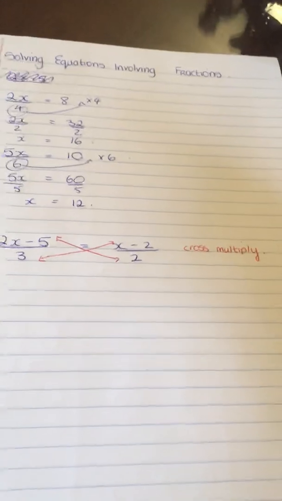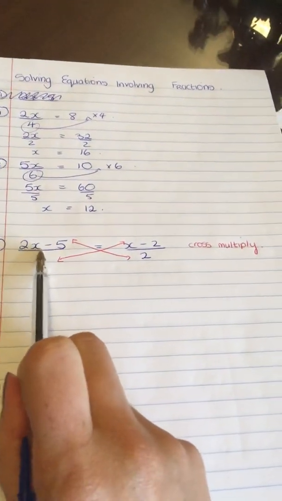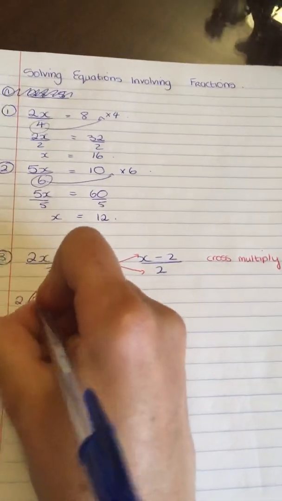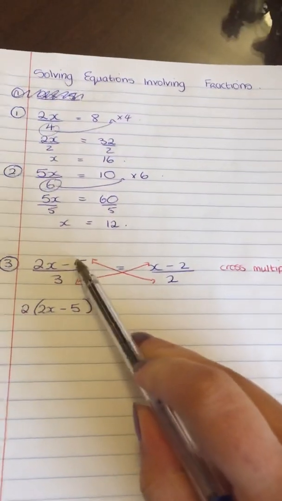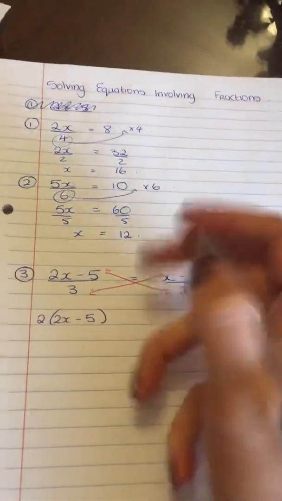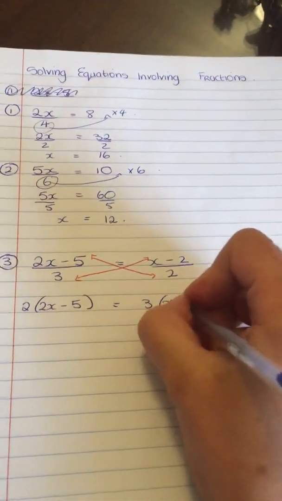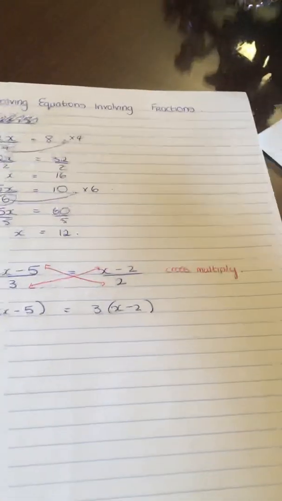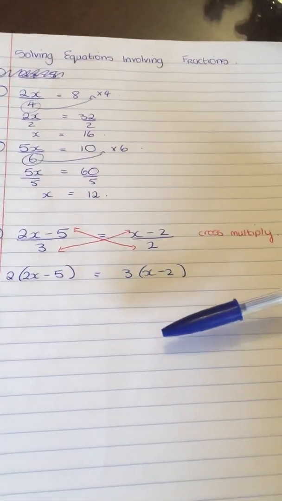We're going to have 2 times 2x minus 5, because we're multiplying the 2x minus 5 by 2, put the smaller one in the front, is equal to 3 times x minus 2. Then our fractions are gone and we have an equation that we're able to solve.